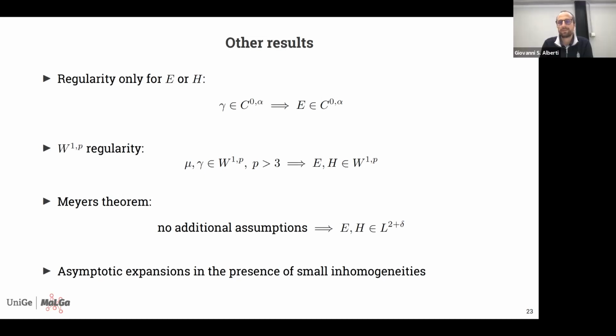Yes, exactly. So at first order, you wouldn't see it. And when I say first order, I mean first order with respect to the size of the perturbation. So if the size of perturbation is of order epsilon, then at order epsilon, you see it only in E, but then at order epsilon squared, you see it also in H.